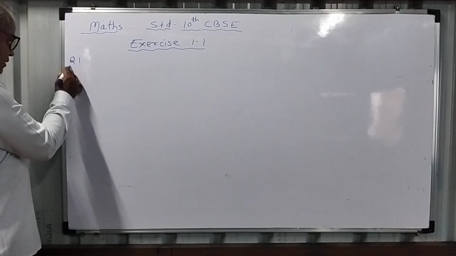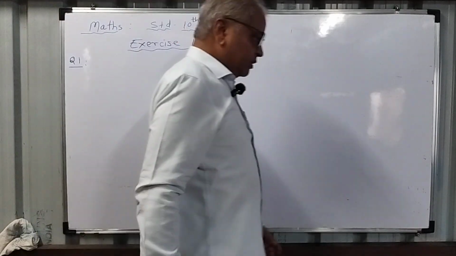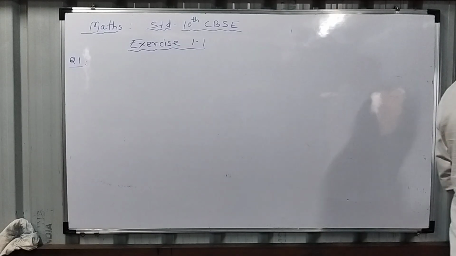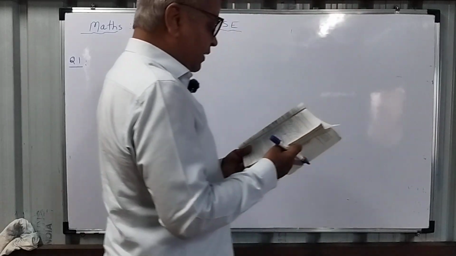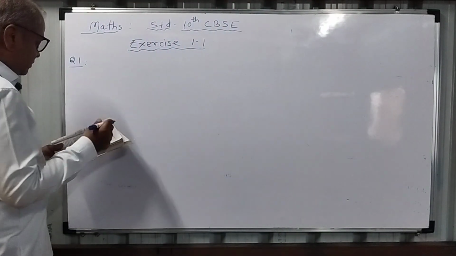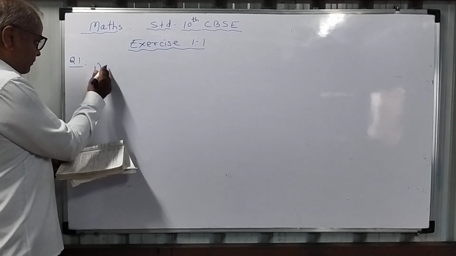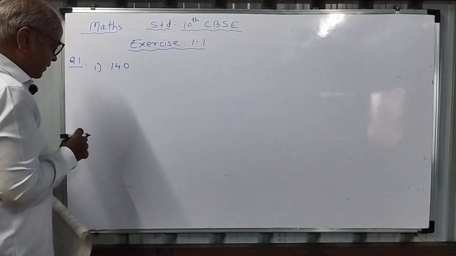Question number 1. What is the question? You can open the books. Express each number as a product of its prime factors. So first sub question 1, 140.